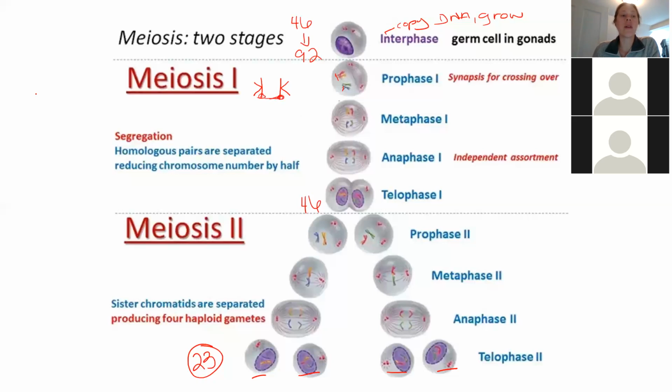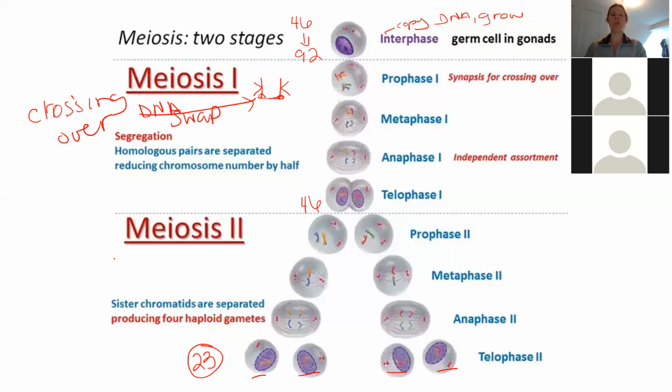This is called crossing over. So we do a little DNA swap. That is one of those events that can help mix up the DNA and help create unique individuals.